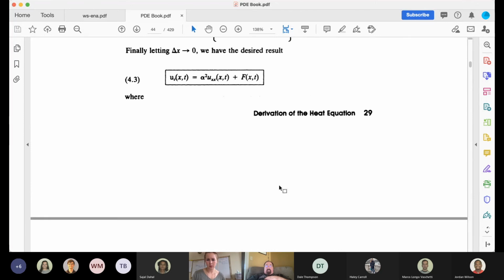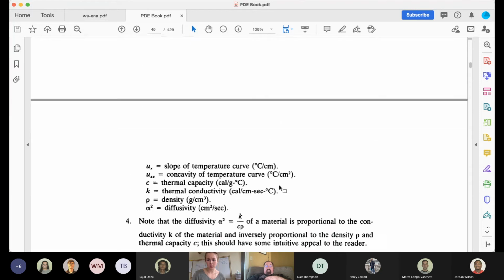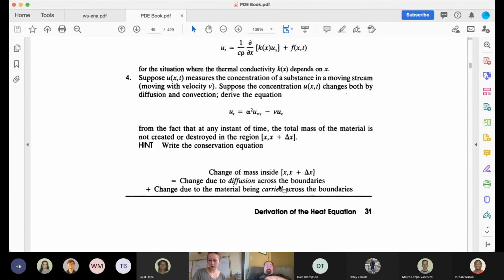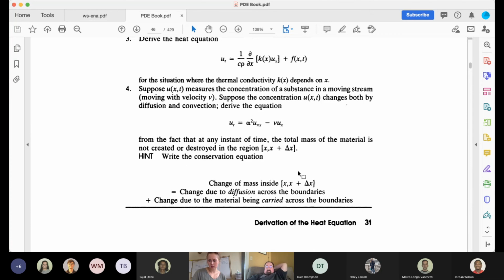What you're going to add to that is the other term: change of material being carried across the boundaries. That's going to lead you to some terms involving just u evaluated at x and x plus delta x.